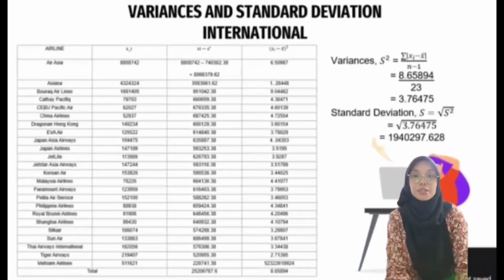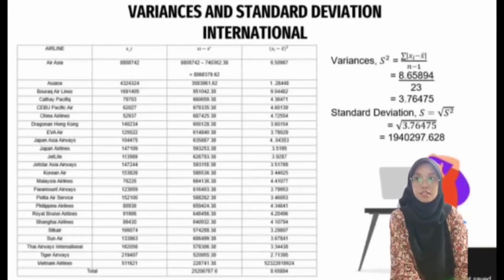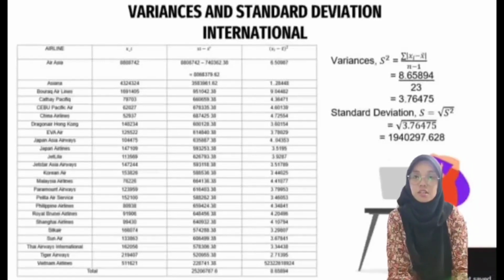Same for international, with the same formula, the variance is 3.76475 and the standard deviation is 1940297.628. As we can see, domestic has a higher value than international. That means the international has a low dispersion dataset.